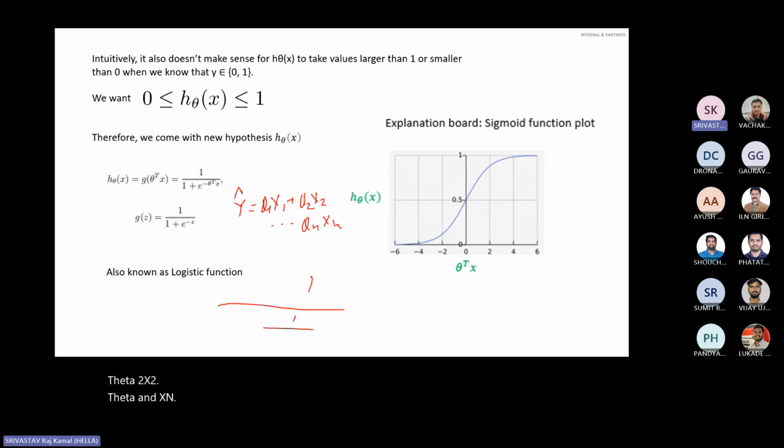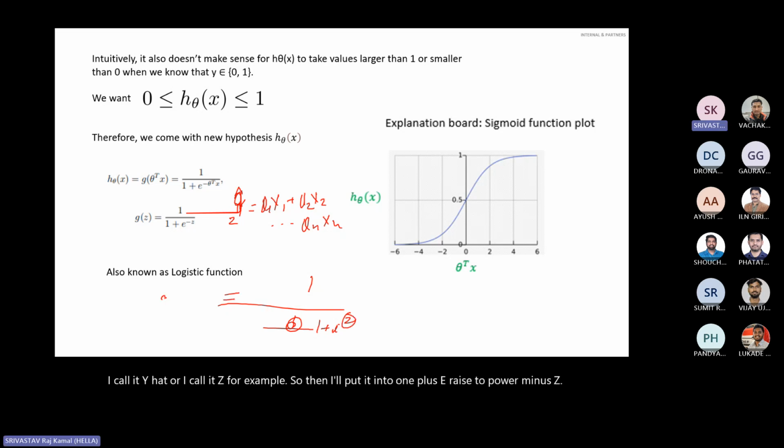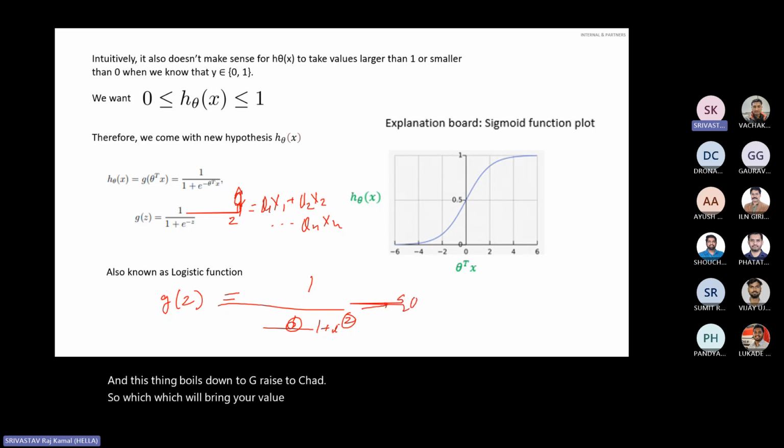I call it y hat or I call it z, for example. Then I put it into 1 plus e raised to power minus z, and this thing boils down to g of z, which will bring your value into the range of 0 to 1.